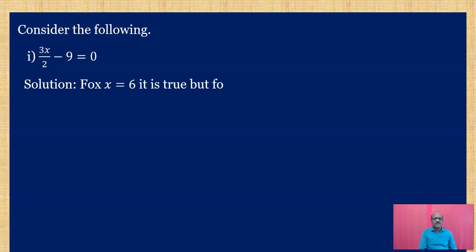For x equals 6, if we substitute x equals 6, then 3 into 6 is 18, 18 upon 2 is 9, 9 minus 9 is 0. Therefore, for this equation, 3x upon 2 minus 9 equals 0, for x equal to 6 it is true, but for values other than 6 it is not true.